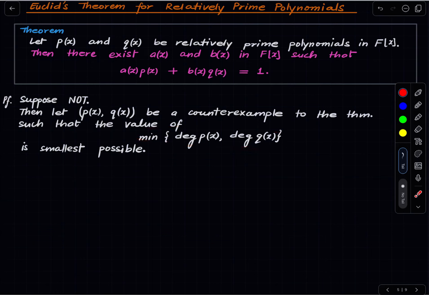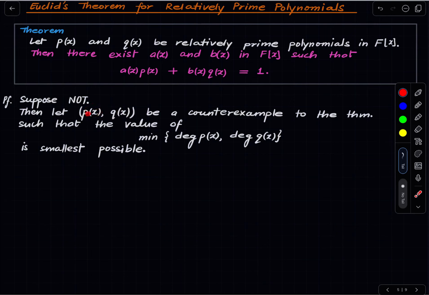Also note that if this is to be a counterexample, you cannot have either one to be 0. If one of these two were 0, you can easily show that this cannot be a counterexample. Because if this is 0 and you have relative primality, then the only way that can happen is the other one is a constant polynomial, meaning a polynomial of degree 0.